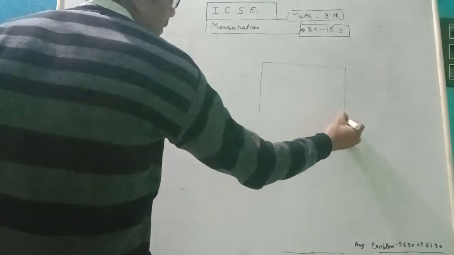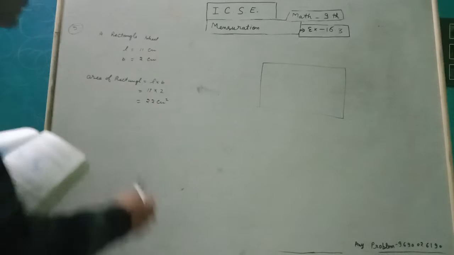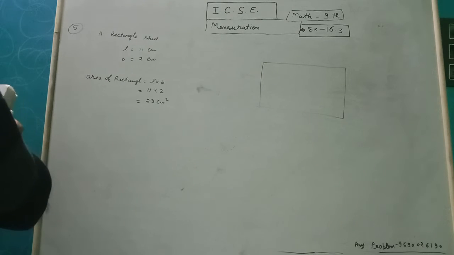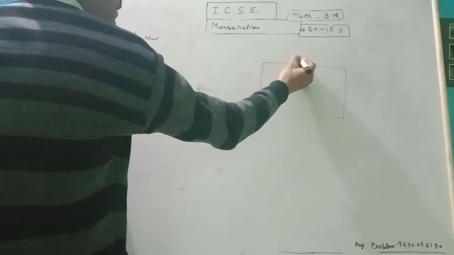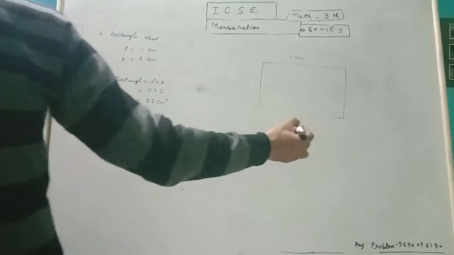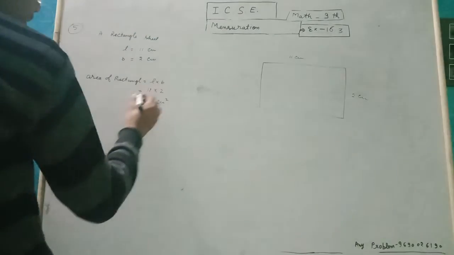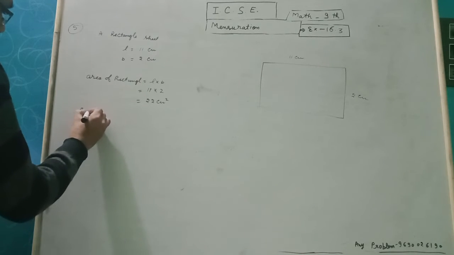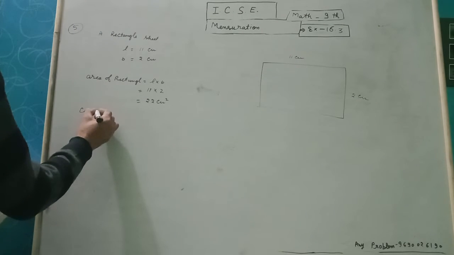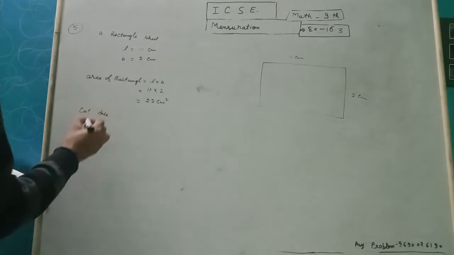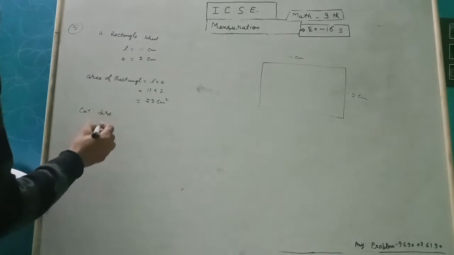Let the rectangular sheet be 11 cm by 2 cm. Cut the dice. This is the plate.